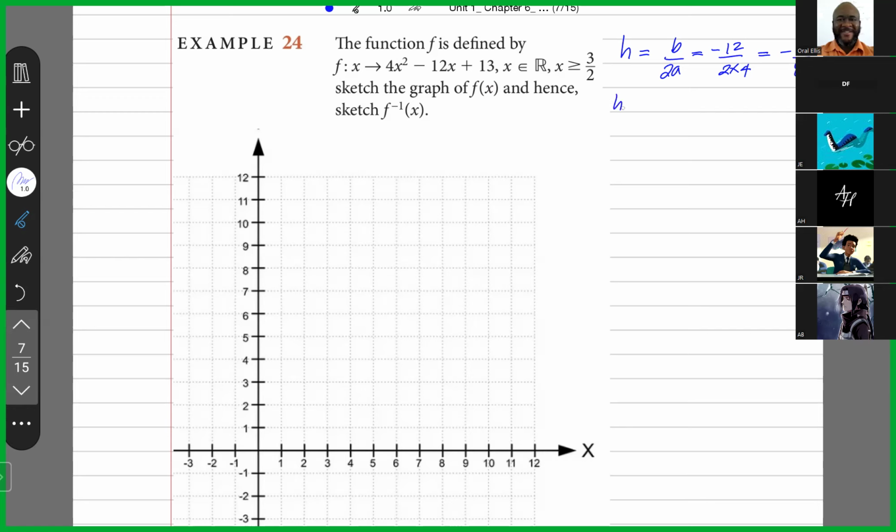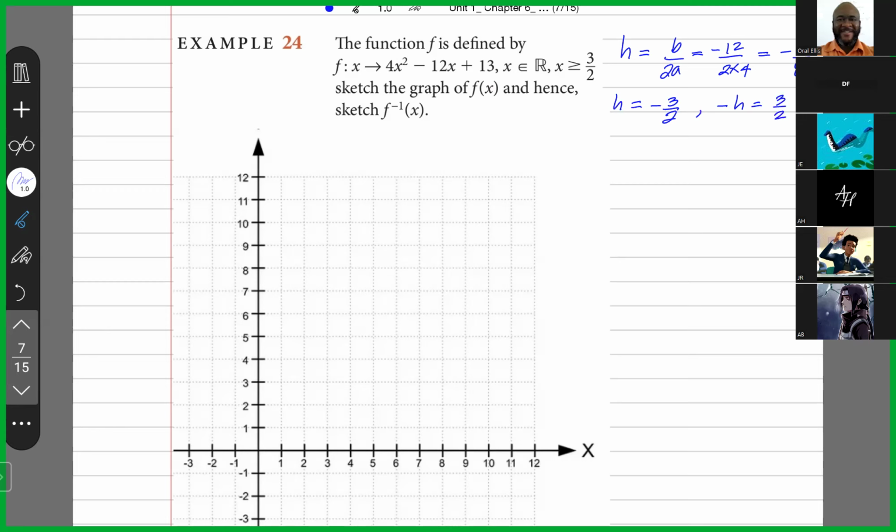So h is equal to minus 3 over 2, and minus h is equal to positive 3 over 2.